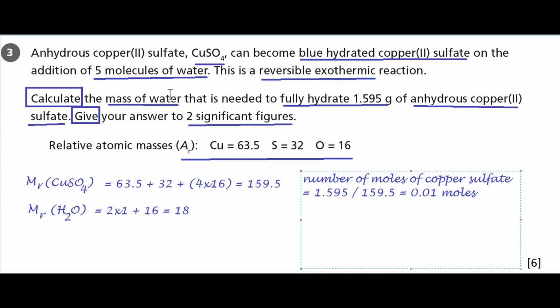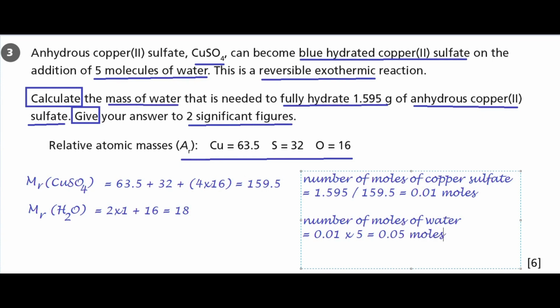Now, for every 1 formula of copper sulfate, I've got 5 molecules of water. So the number of moles of water equals the number of moles of copper sulfate times 5, which gives you an answer of 0.05 moles.